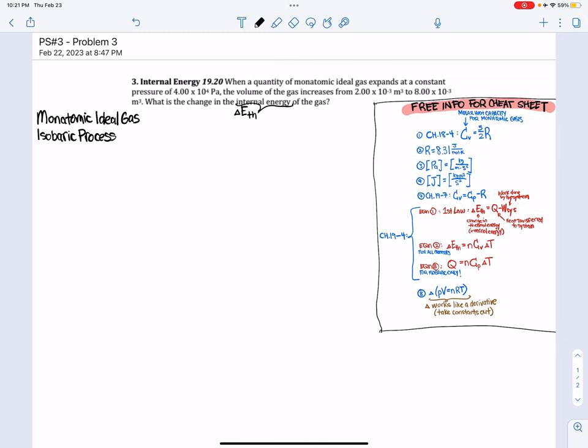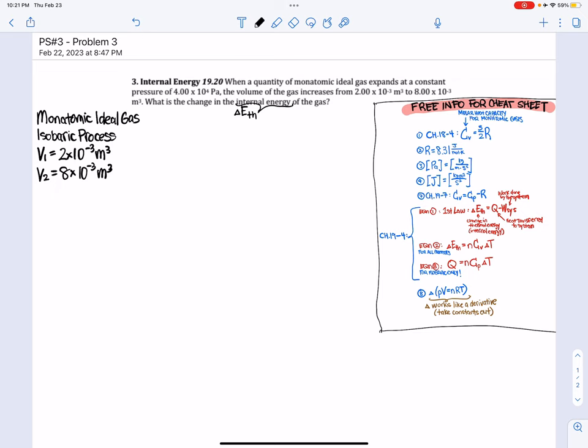Our initial volume is equal to 2 times 10 to the minus 3 cubic meters. Our final volume is equal to 8 times 10 to the minus 3 cubic meters. I guess 2.00 and 8.00, but I'm not going to rewrite that. I'll just write 2 times 10 to the minus 3 cubic meters.